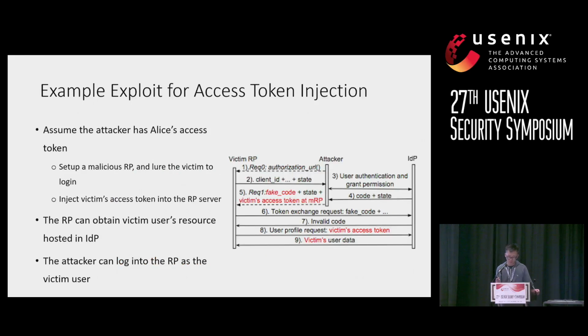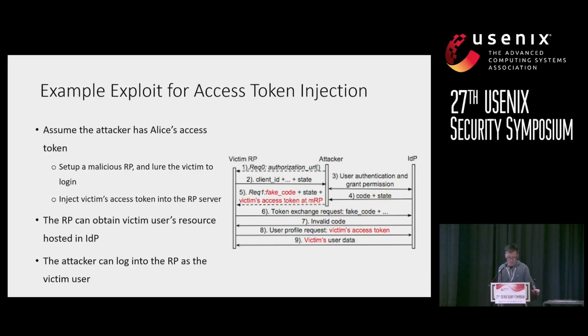So to exploit this vulnerability, the attacker just needs to set up a malicious RP server and lure the victim to log in and to get the victim's access token. And the attacker can then inject the victim's access token to the RP server.